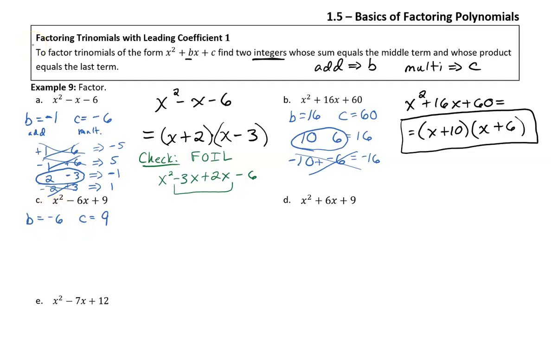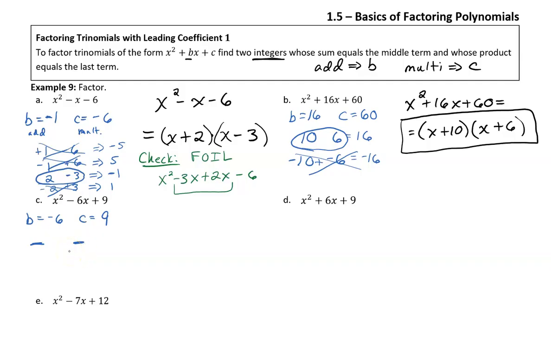I'm going to use the signs to help me here. Because the multiplication results in a positive, but the addition results in a negative, that's telling me that my numbers are both going to be negatives. That's the only way the multiplication will turn out to be a positive. Negative times a negative is a positive. And when I add the numbers, it stays negative.